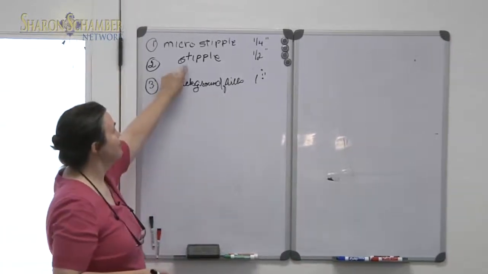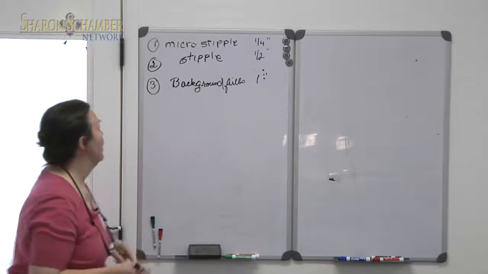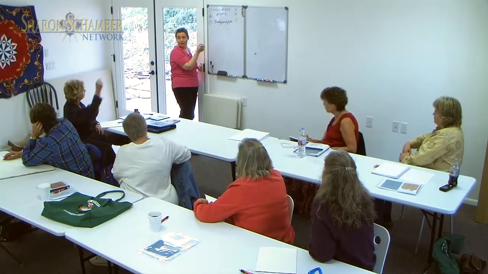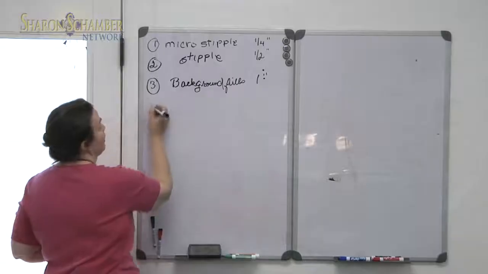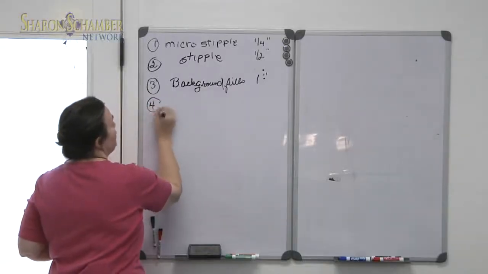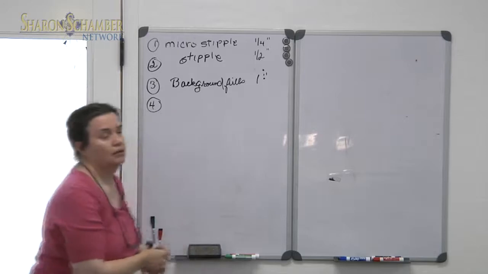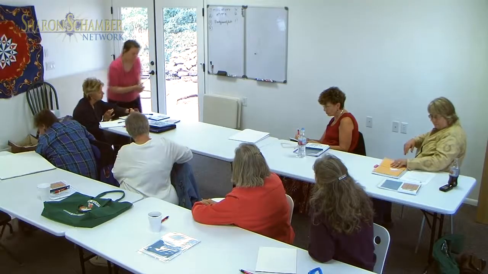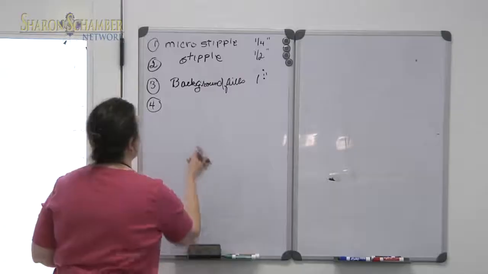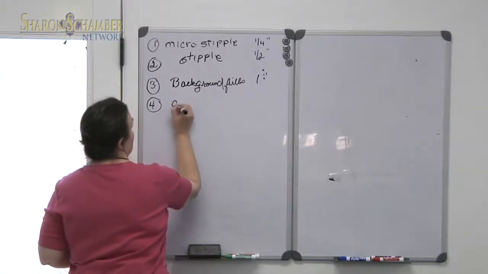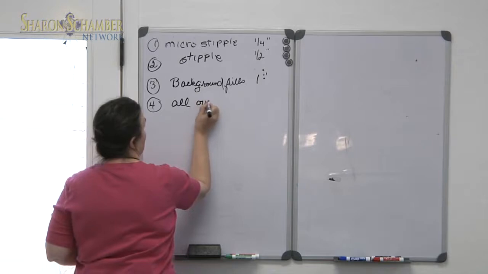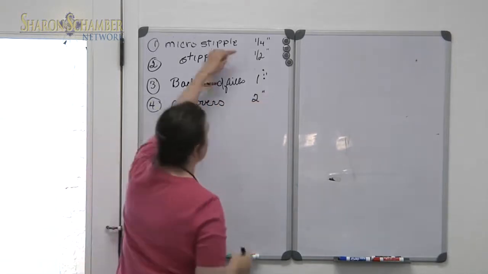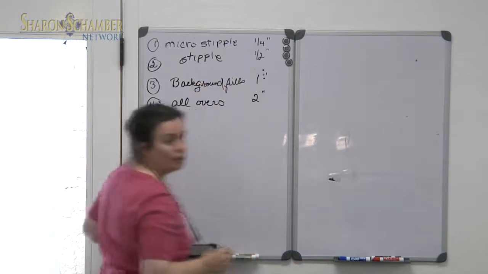Yeah, this is left. That's right brain. Huh? I can hardly print, but I have to write in cursive. Yeah. Okay. What would be the next one? All overs. Is this making sense to everybody? And that's at 2 inches. Do you see how it's doubling every time? Right. Okay.